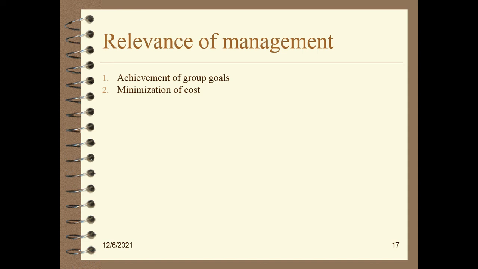The aim of management is to ensure efficiency in achieving those goals. Management is there to ensure that there is change and growth. Someone must be there to ensure that change and adaptation occurs, that growth and development occurs.